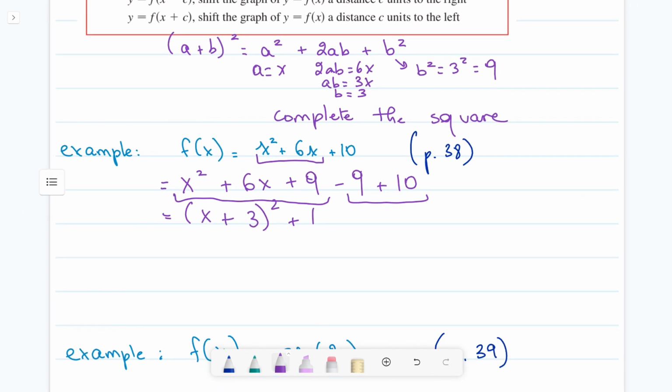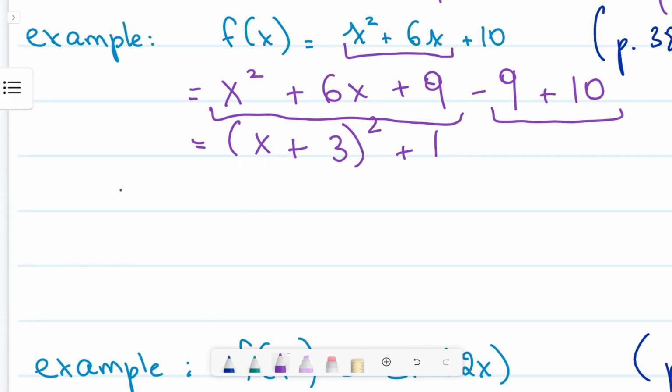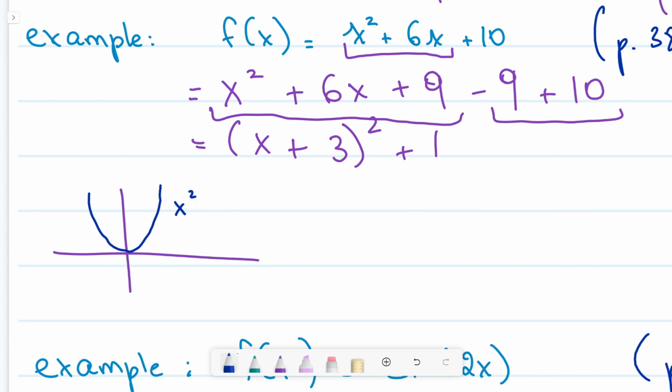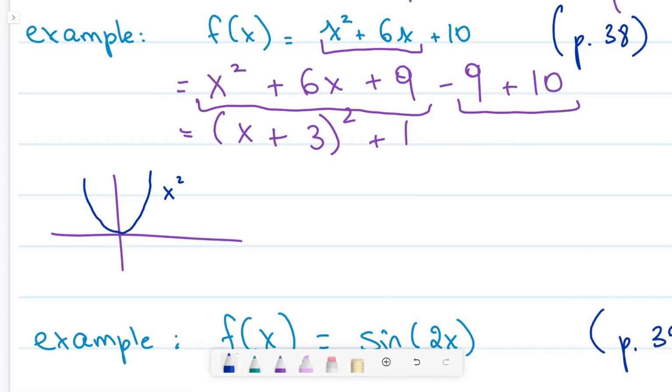Now this looks a bit easier to graph. If we were to graph x squared on its own, this is how the graph would look. But we want to graph x plus 3 squared, so we move 3 units to the left.